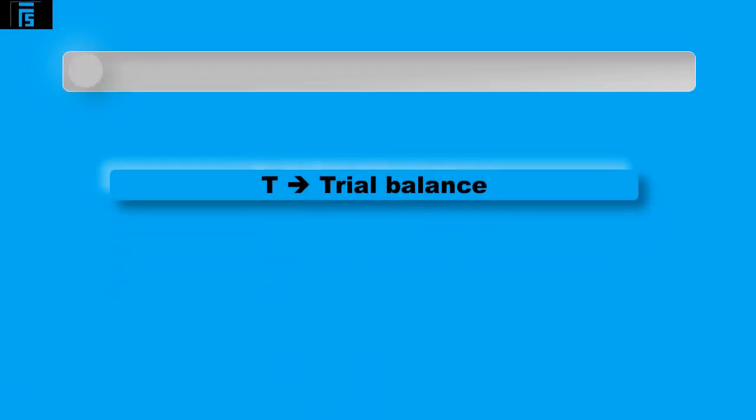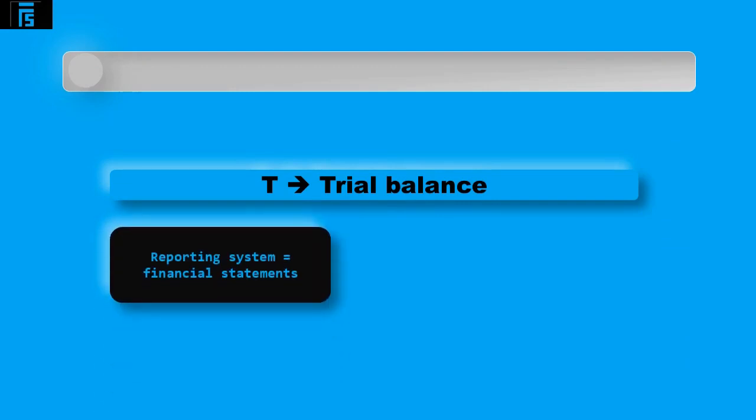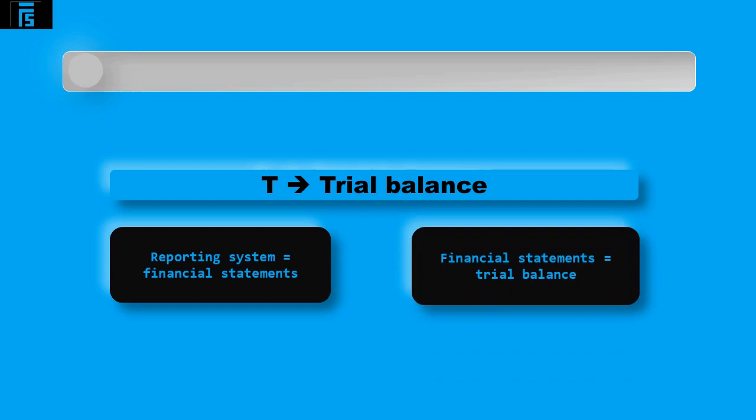T is trial balance. Auditors will want to ensure that the financial reporting system agrees with what has been presented in the financial statements. An audit procedure would therefore be to agree the balance in the financial statements to the trial balance. Any balances not included in the financial statements would then be investigated with the client.